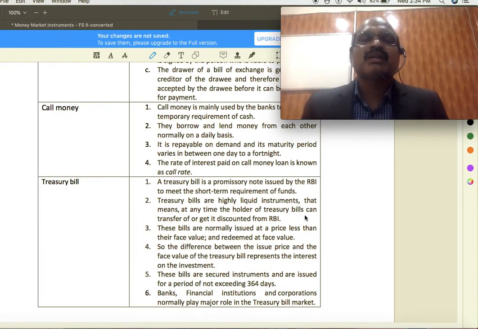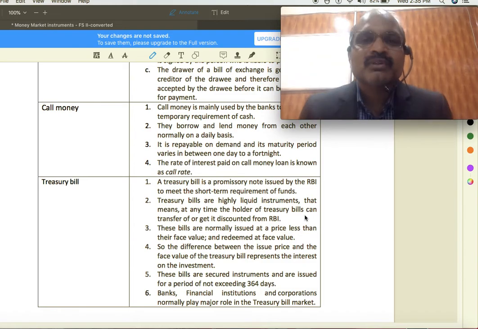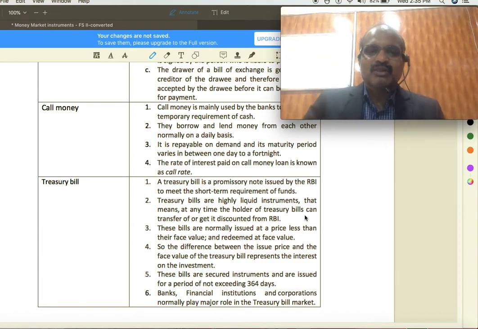If government is not in a position to repay these bills within 91 days at the interest rate that is decided, they might extend it to 182 days. If it is not paid even in 182 days, the maximum period for which treasury bill repayment can be extended is 364 days. That's the story here.